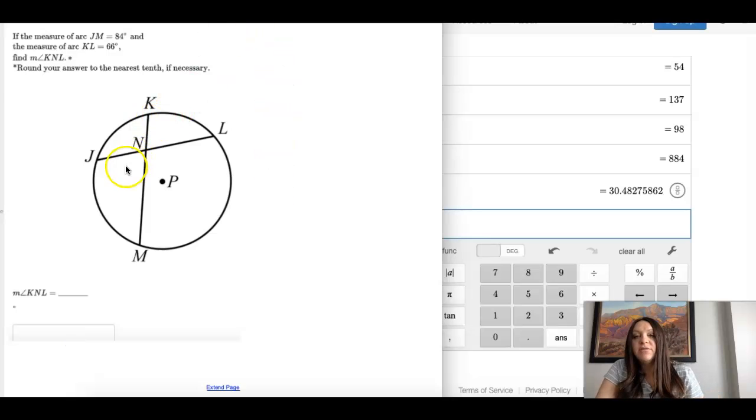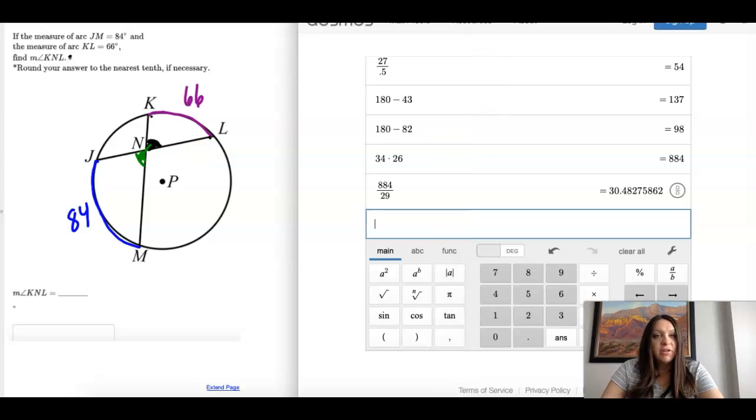Alright, the measure of arc JM is 84 degrees. And the measure of arc KL is 66. We want to find the angle at K and L. These are vertical angles, meaning they're congruent, they're the same.